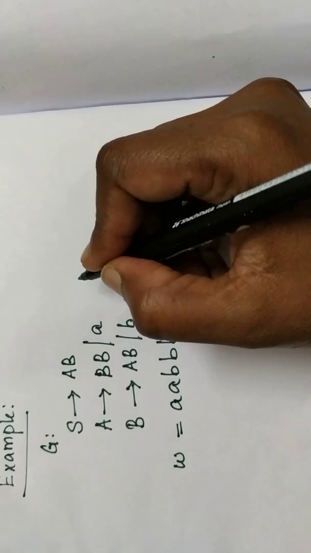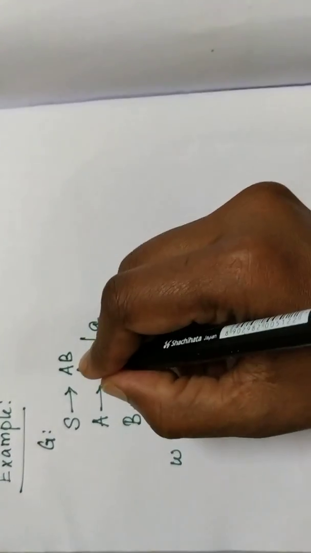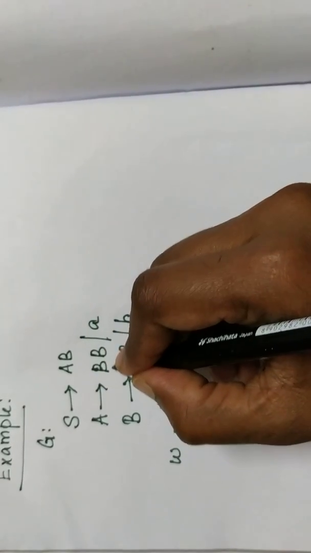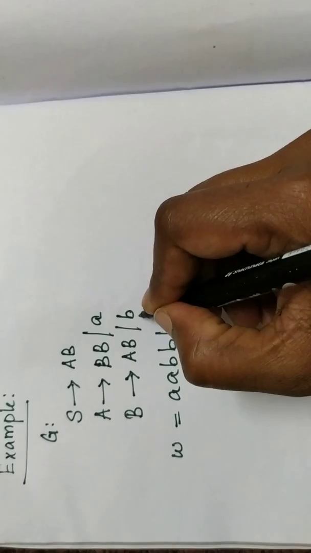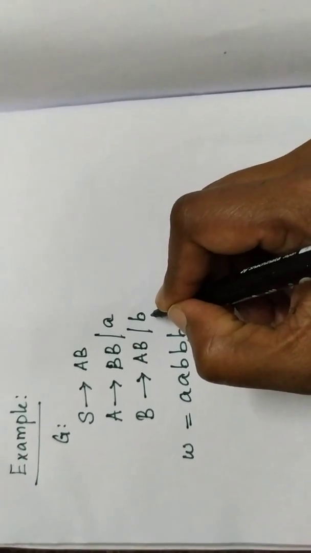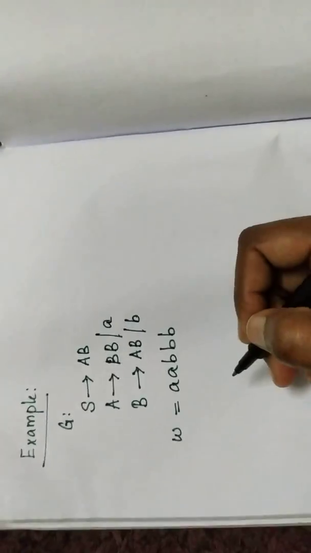We can see that this grammar follows Chomsky normal form, so all these productions have either two variables on the right hand side or a single terminal on the right hand side. So we can proceed with the CYK algorithm.